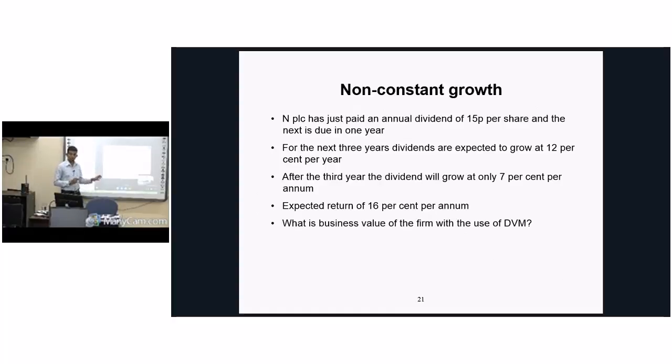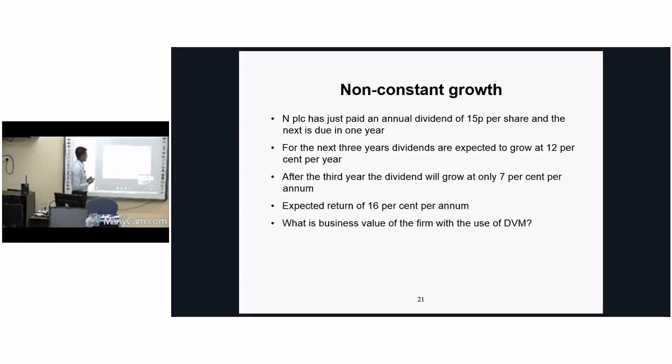We calculated the growth rate as 11.67% and assumed the firm will grow at 11.67% forever. But in the real world, it is not like that. This is a classic question where we try to understand, if a firm has non-constant growth, how are we going to calculate the dividend growth model valuation, which I explained in the last class also, but let's do this question to refresh that knowledge.